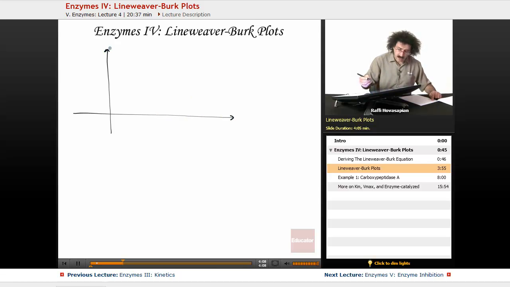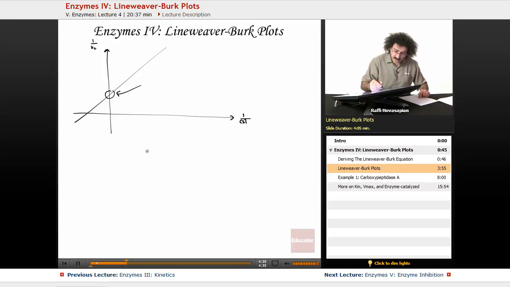So, on this axis, we have our 1 over S. On this axis, we have 1 over V0. When you plot this out, the 1 over V0 versus the 1 over S, you're going to end up with a line, some straight line like that. Here's what's great. Let me actually rewrite the equation here again so we see it.